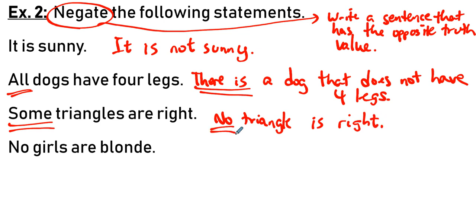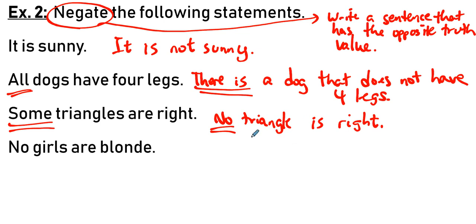Generally speaking, the negation of a some statement is a no statement. There are no right triangles.